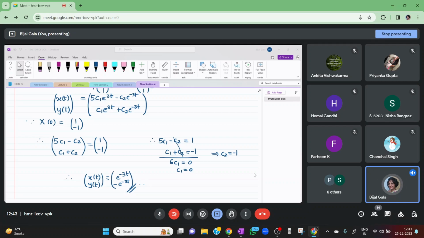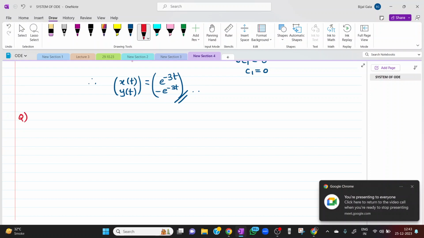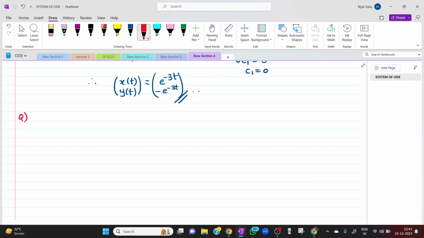I'll just leave one question as a homework and then yes, we stop here. So you're expected to solve dy by dx equal to Ay, where y of 0 is 2, minus 1 and y is y1, y2.